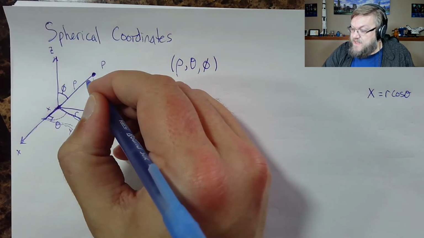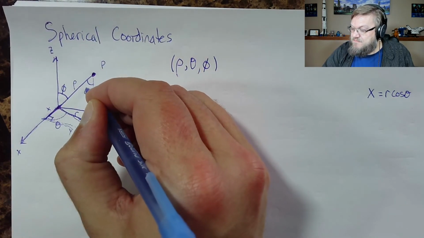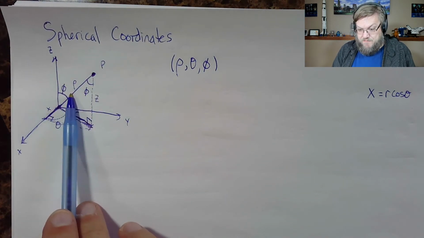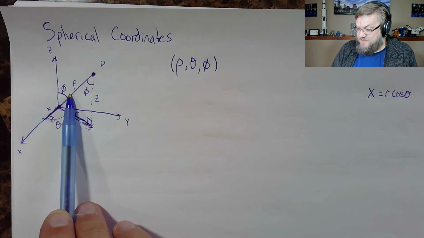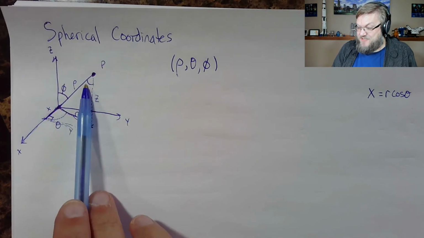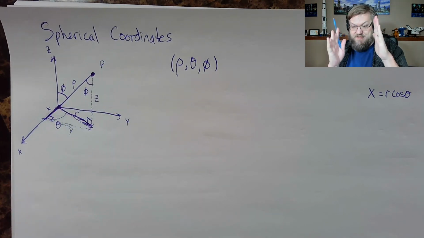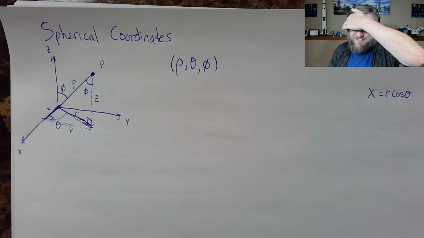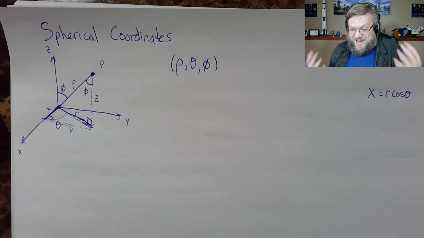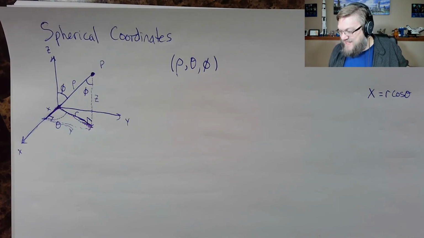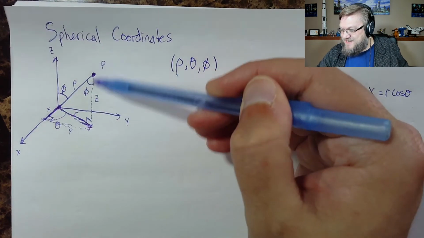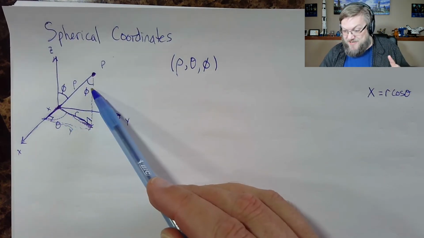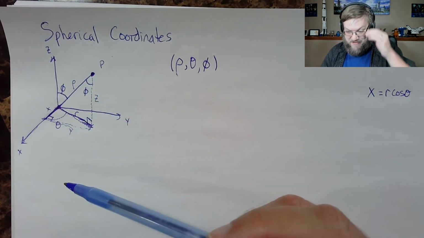So phi also lives here. Now, phi by definition is here, but by geometry, would you agree that whatever this angle is, it's also this angle because of parallel lines being cut by a transversal? Oof. When's the last time you heard that? Literally geometry class, probably in a high school geometry class, right? So we have literal parallel lines being cut by a transversal. So alternate interior angles are congruent.